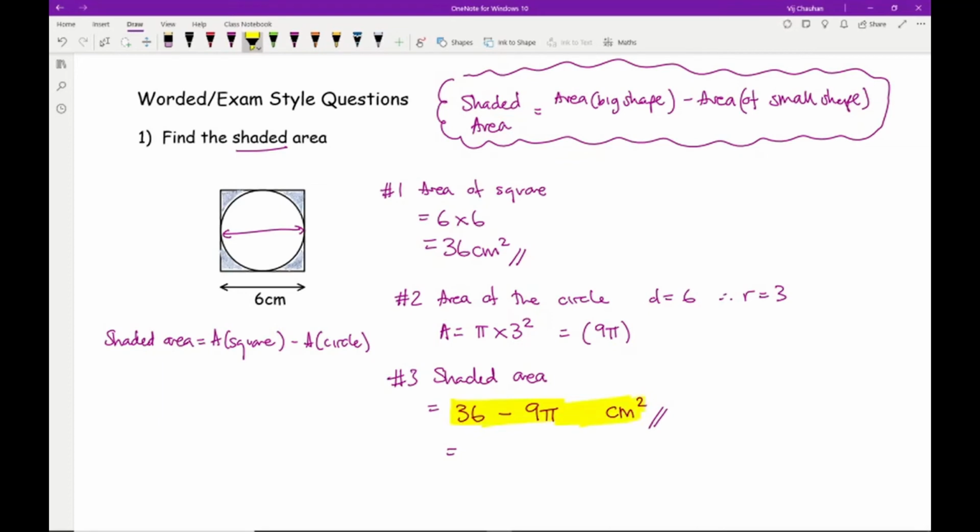However, if I'm wanting to actually work that out, then I'll do 36 minus 9 pi, which gives me 7.7256 and so on, which rounded gives me 7.7 centimetres squared to 1 decimal place. And there is your final answer.